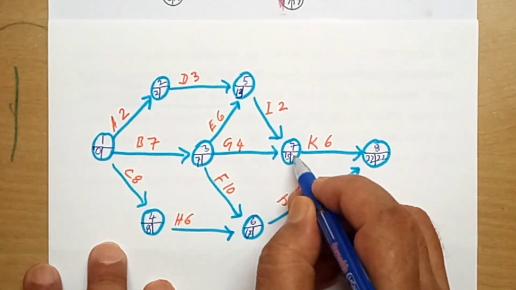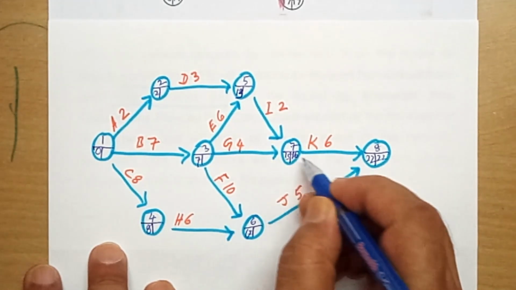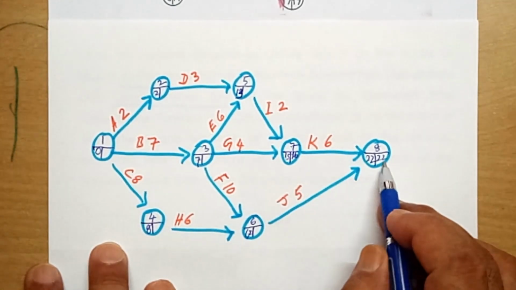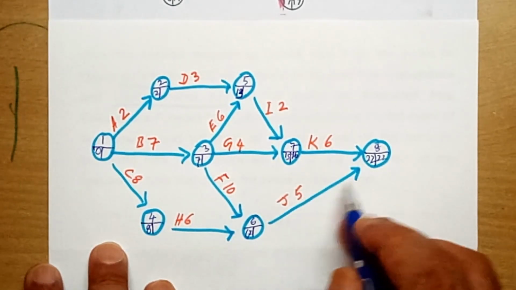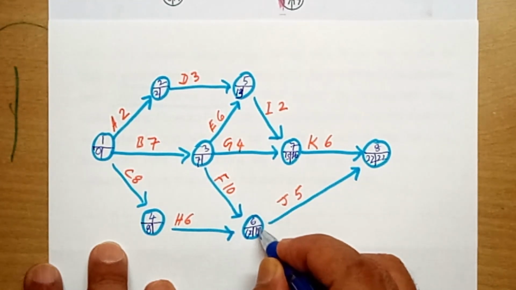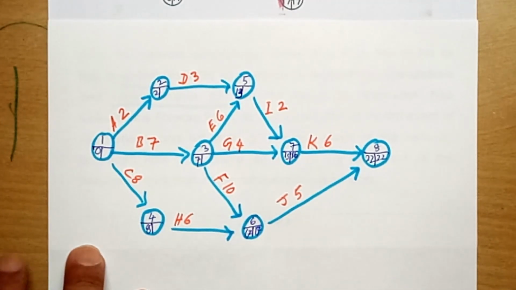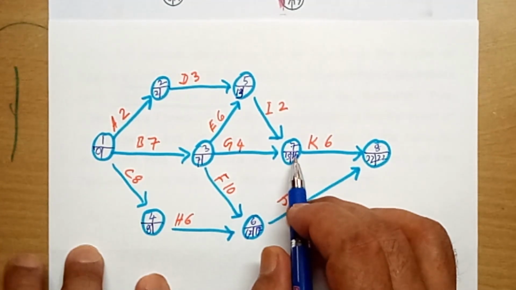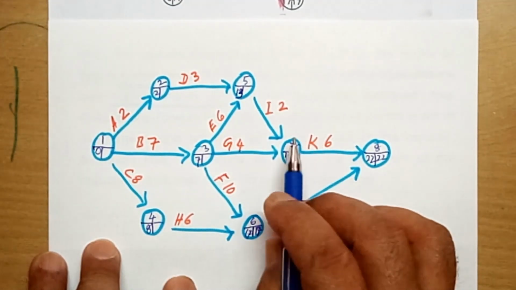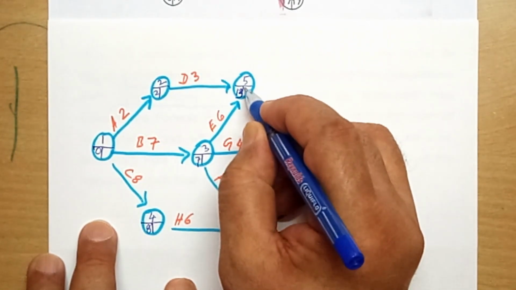So put 16 here. And 22 minus 5, you have 17. Put 17 here. And from 16 again subtract 2, what do you get? 14. So put 14 here.